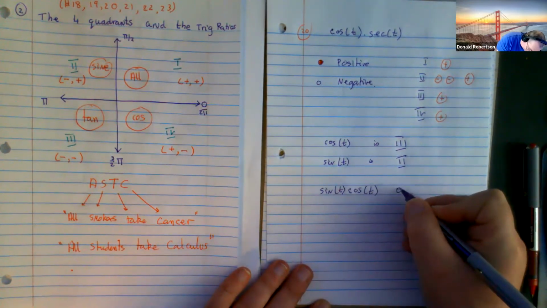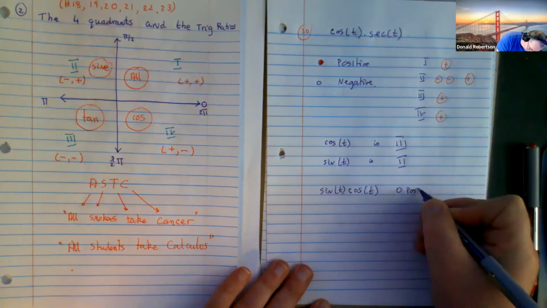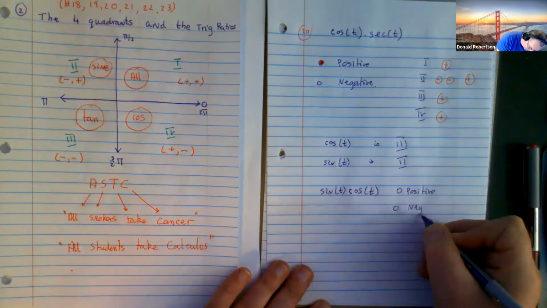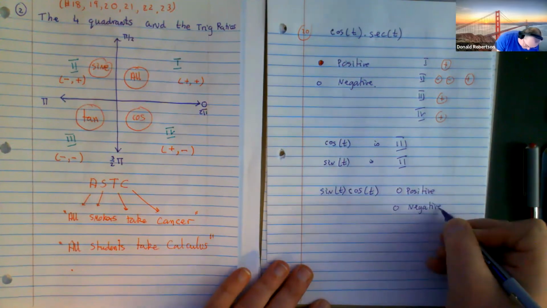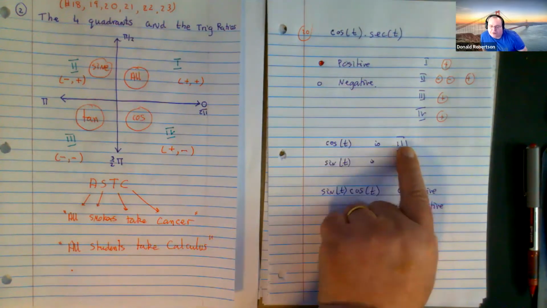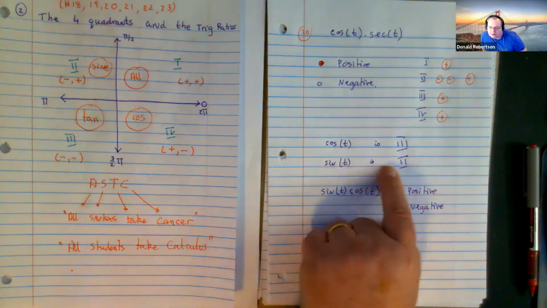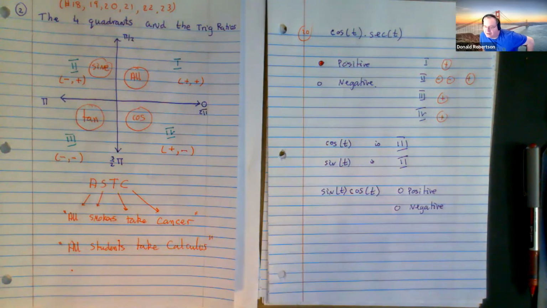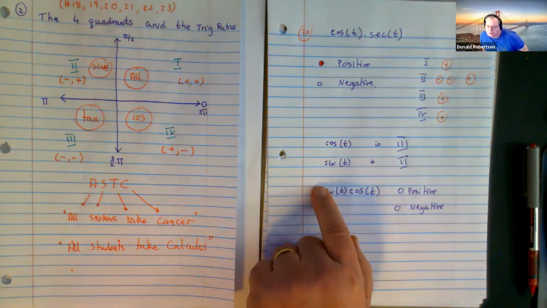Is this going to be positive, or is this going to be negative? So that's my first question. If I tell you that the cosine of t is in the third quadrant, and I tell you that the sine of t, well, I shouldn't really say is in the second quadrant, but it is, right? I'm telling you those two things. What can you tell me about the product of these two things?